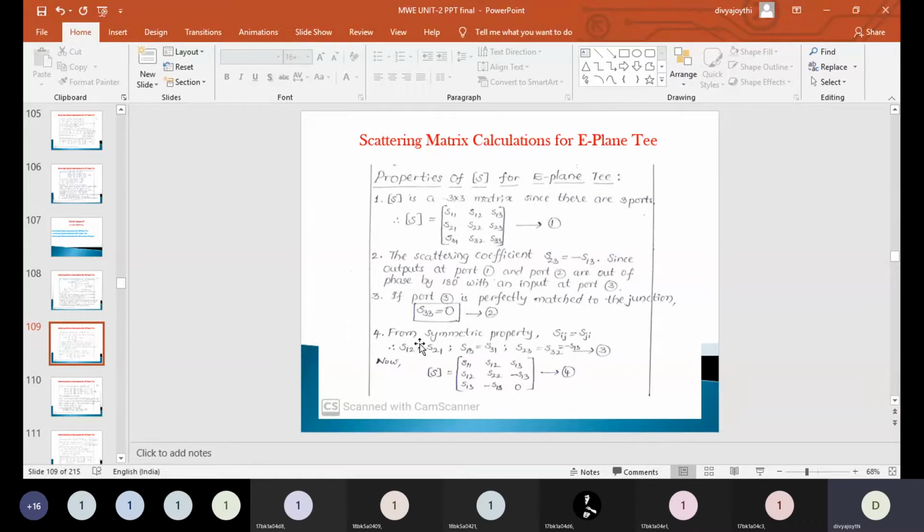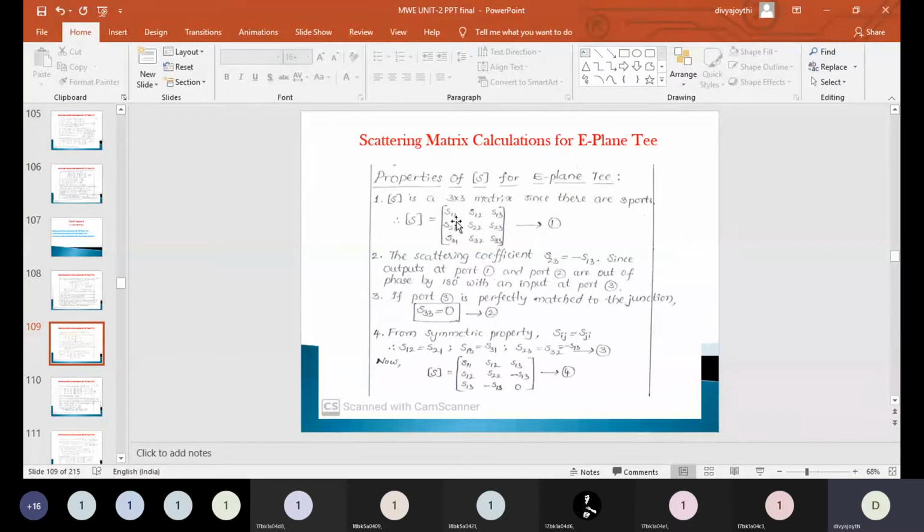The fourth property is also the same: Sij is equal to Sji. So S12 is equal to S21, and S13 is equal to S31. S23 is equal to S32. At the same time, S23 is also equal to minus S13. So now, by following these properties, we just need to substitute the coefficients.